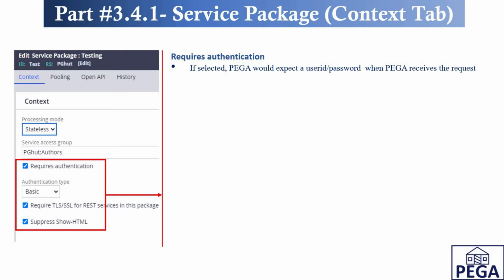So when I say require authentication, generally what I do is create a dedicated operator ID; you can literally use any operator ID and password, but think about the consumer. Obviously you are not going to give your own operator ID and password for the consumer to access. So that's why we create a dedicated operator ID and password, and then that password will go as basic authentication for the consumer, so that they can use it and, based on that, access the service.